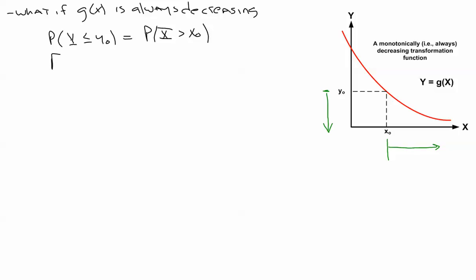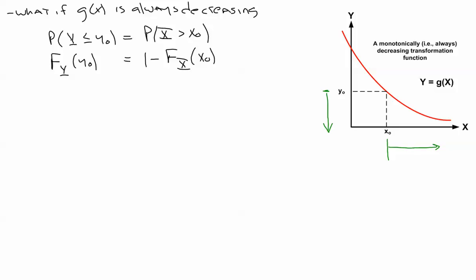But this is the cumulative distribution function of y evaluated at y naught. And the probability that random variable x is greater than x naught is 1 minus the cumulative distribution function for random variable x evaluated at x naught.